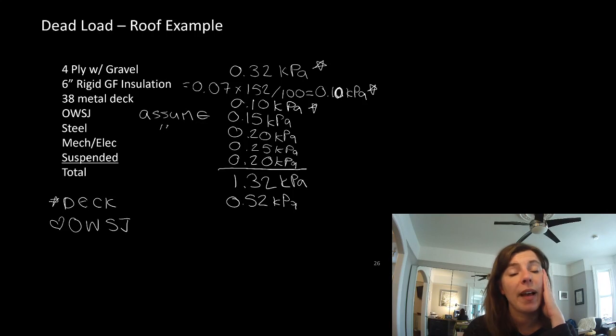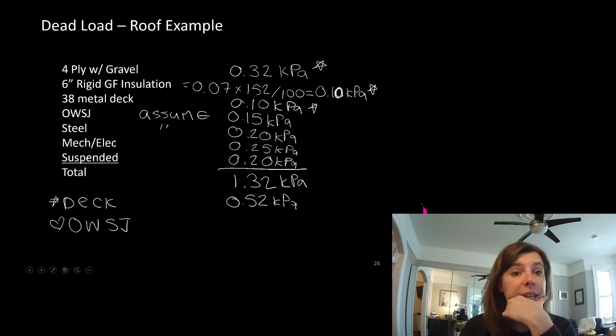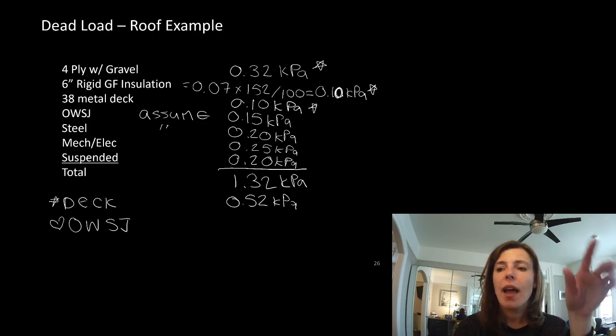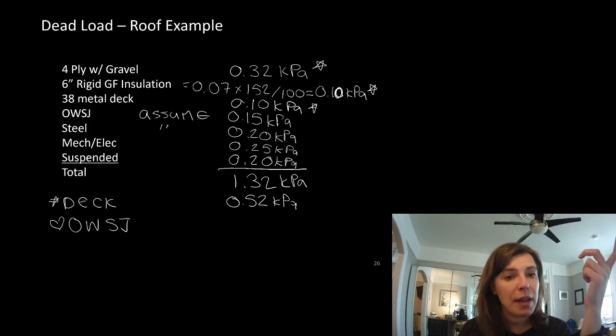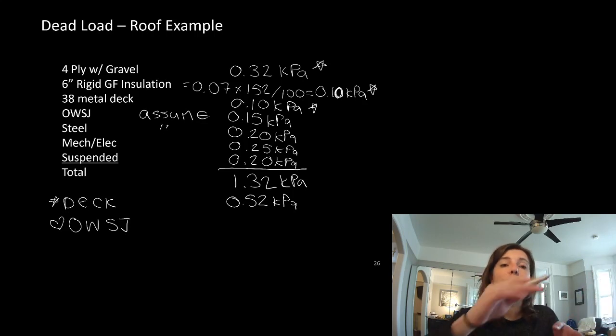Or 0.52 kPa. The open web steel joists are carrying everything that the deck was carrying and themselves, and mechanical and electrical can be suspended from the joists, as can the suspended ceiling. But the steel is supporting the open web steel joists. The open web steel joist is not supporting the steel.